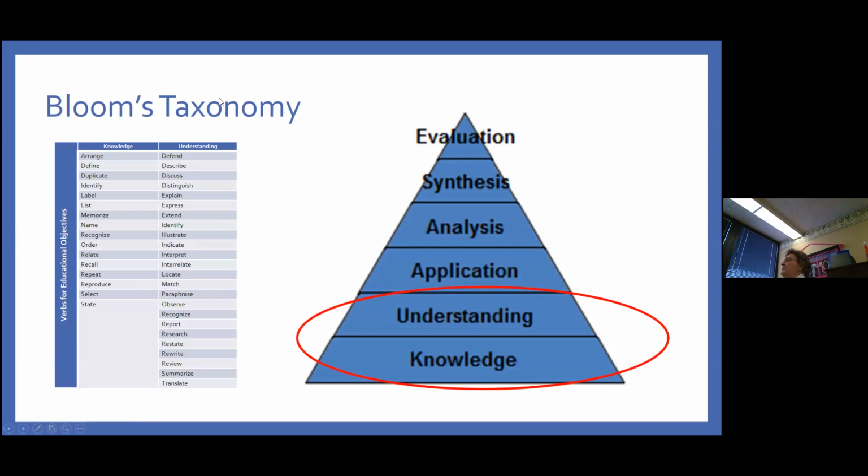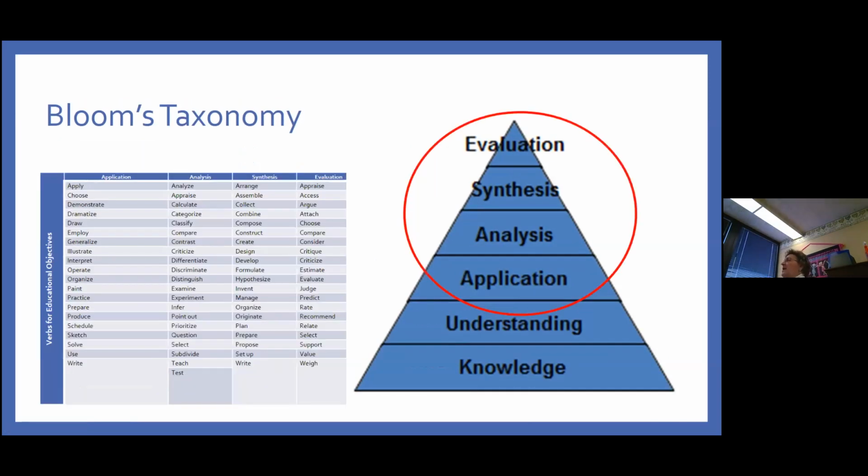So if the verbs in those categories of Bloom's appear, then it's an initial outcome. If it's on the top of the pyramid or in these columns, those are great verbs to use when you're showing practice or behavior change. So if you use those verbs, it makes it into an intermediate outcome.